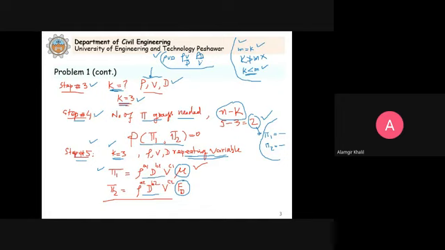So you write down a1, b1, c1, a2, b2, c2, you write down x, y, z, whatever notation you use, it doesn't matter because in the end we calculate their values. So now we have to simplify pi 1 and pi 2.